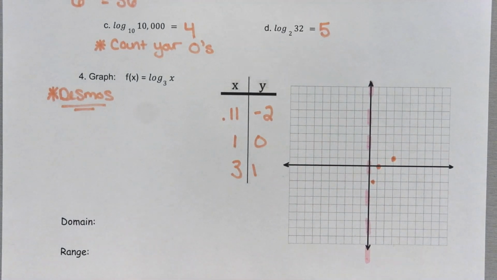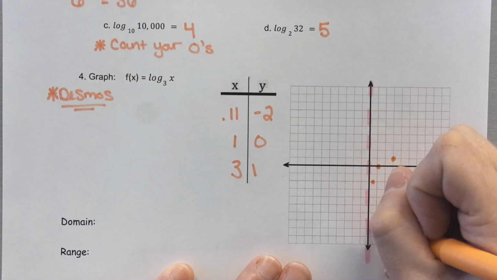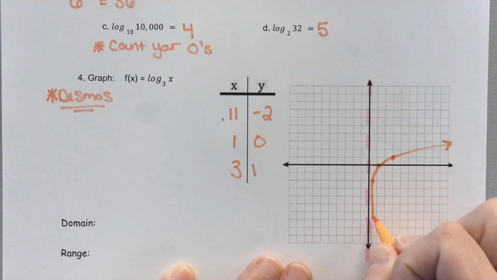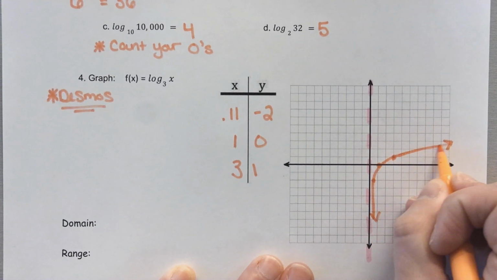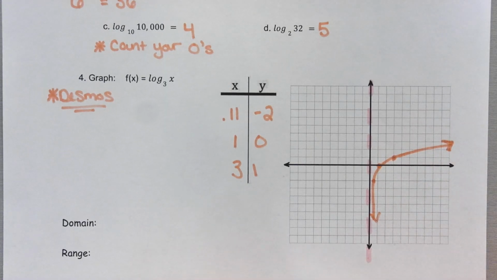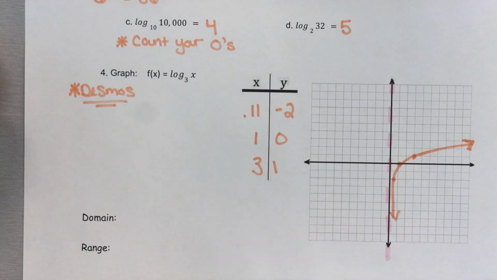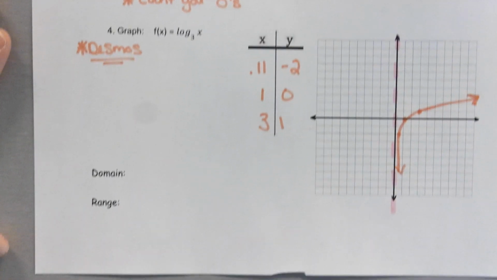So there shouldn't be any graph that goes to the left of 0. Remember, this side is going to hug the asymptote, and then this side goes up and over. Don't touch or cross. Don't flip yet, because we got to do domain, range, and asymptote.